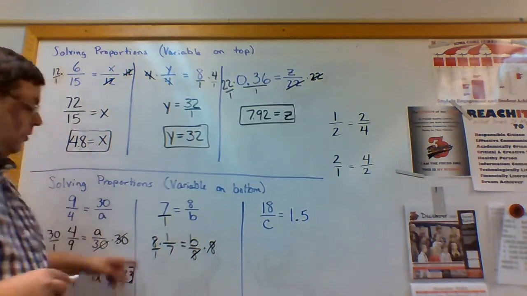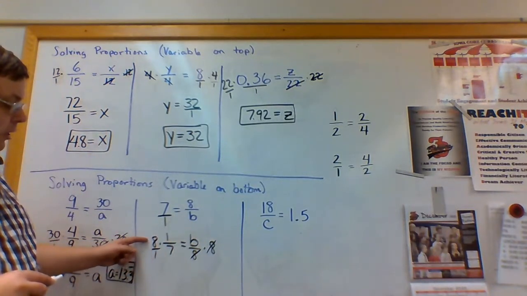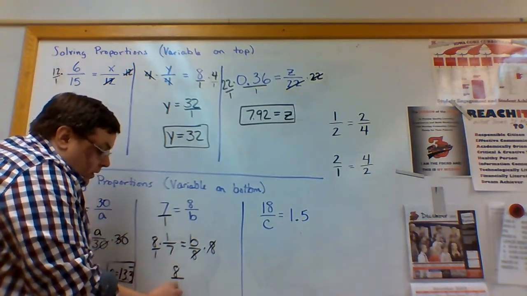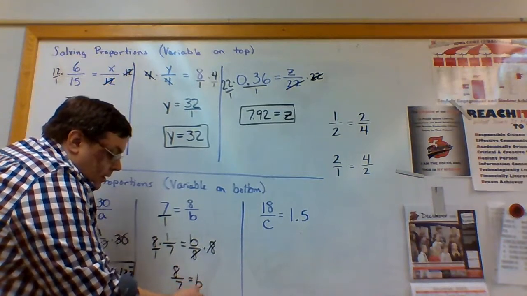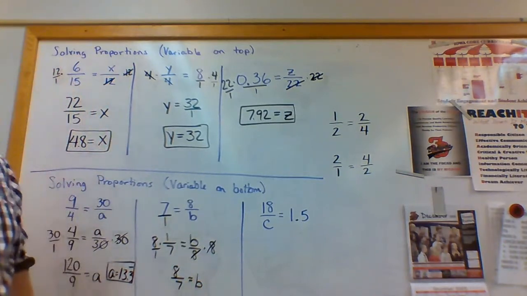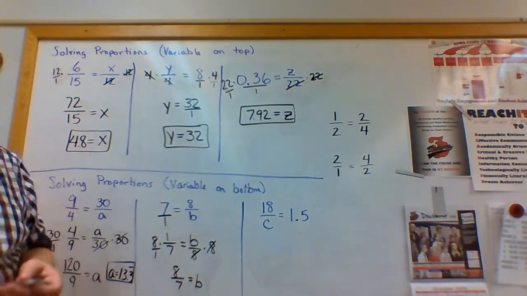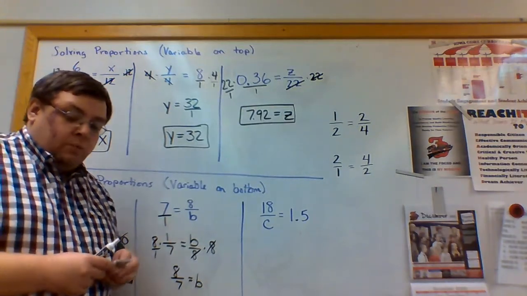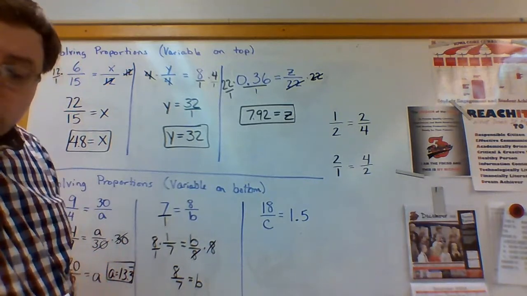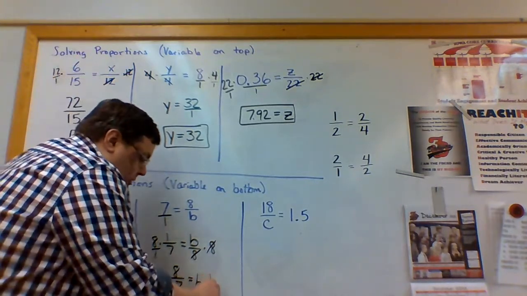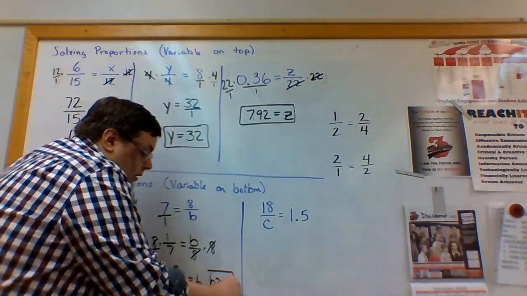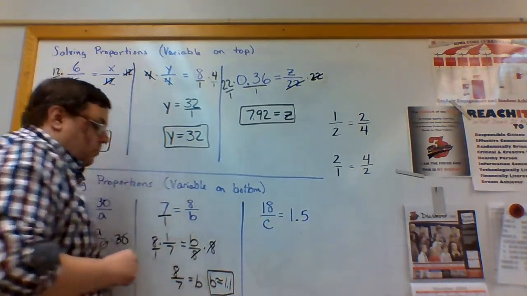Now here, it might help you to put that 8/1 so that you remember that it's 8 times 1 first, that's 8. And on bottom we got 1 times 7 is 7. So b is 8/7. Or if we want to get the decimal for that, 8 divided by 7 is about 1.1, or 1.14 if you want to get more detailed. So we'll say about 1.1 there.